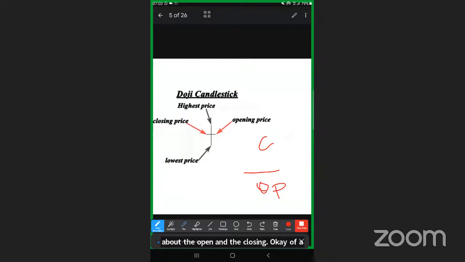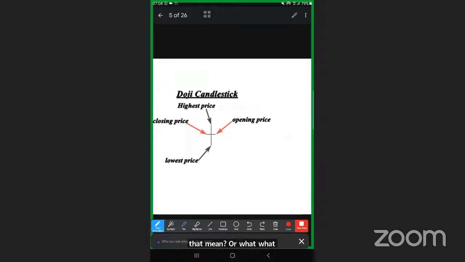When you look at this, where the market opened is also where the market closed. They are at the same place, but we are having the high and the low of the market. So what information is communicated to you as a trader?